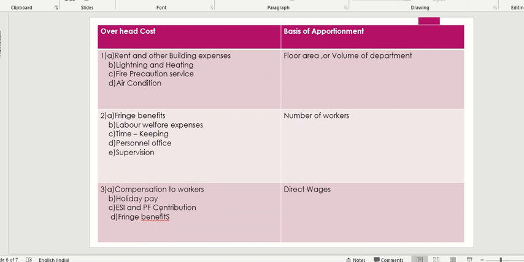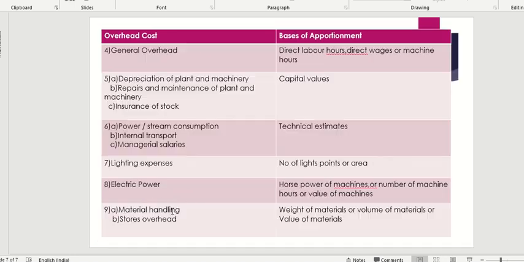These will not be apportioned based on the number of workers, but depend on the direct wages paid to the employees. So holiday pay, PF, ESI and compensation, and certain fringe benefits will be apportioned based on direct wages ratio.